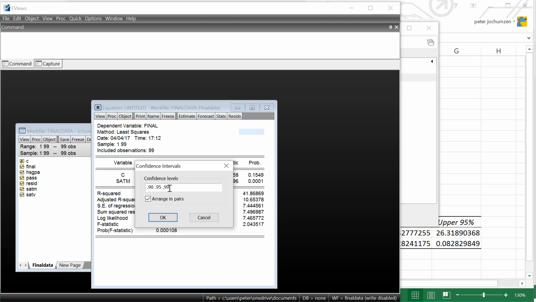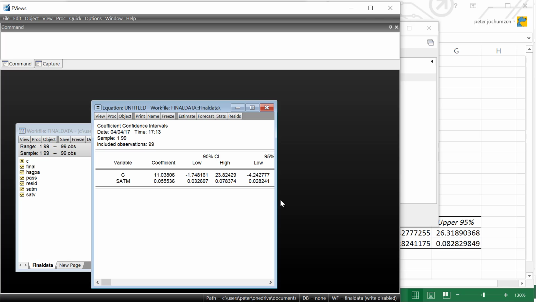And like this, you can do several values. So if you do 0.9, 0.95, and 0.99, you actually get 3 sets of confidence intervals for each beta parameter. So we can see then that the first one would be the 90%. Here's the 95 one for beta 2, the left hand and the right hand, same as the other software.